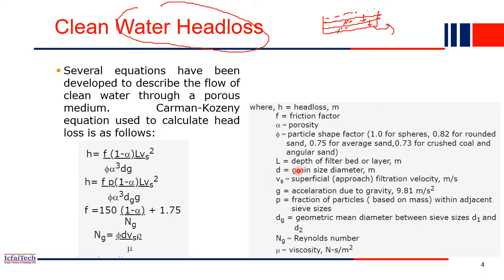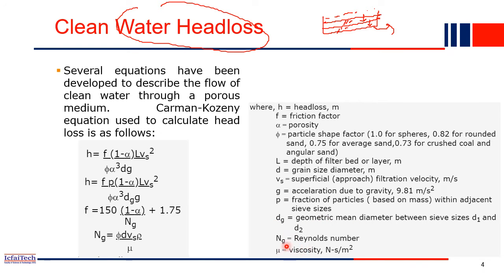L is the depth of the filter bed, the length of the filter. D is the grain size dimension. Vh is the superficial filter velocity, the velocity at which water is going out, the effluent velocity. g is the acceleration due to gravity, we know 9.81. p is the fraction of particles within the adjacent sieve size. dg is the geometric mean.